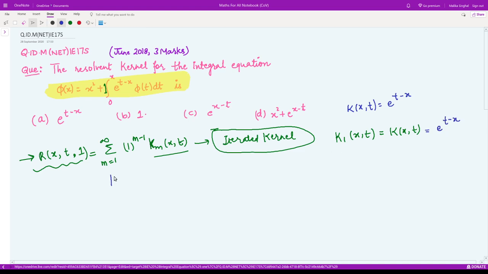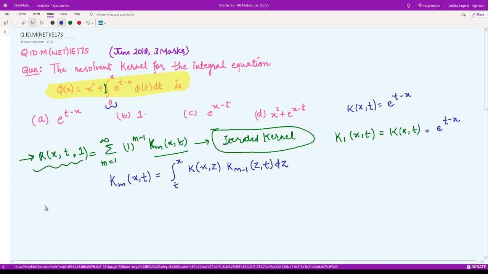And again the mth iterated kernel is calculated by this formula. We have integration from t to x. Why t to x? Because the given equation is a Volterra kind of equation. Then K(x,z), then here it would be K_(m-1)(z,t) dz, right?